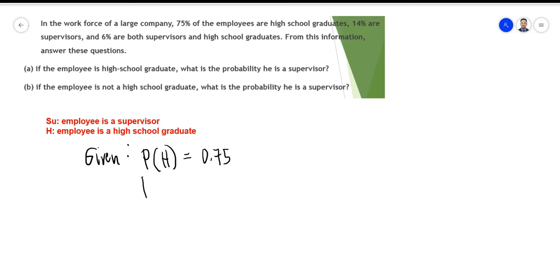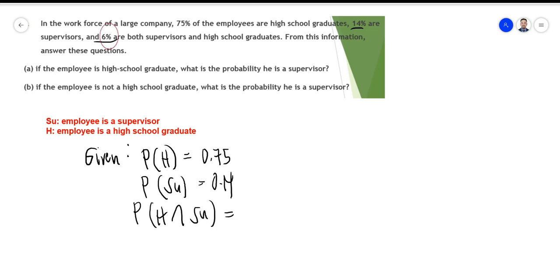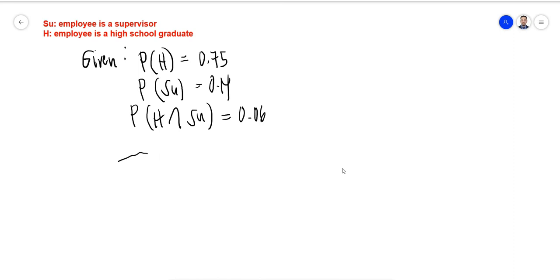The probability of supervisor is 14% or 0.14, and the probability of a high school graduate and a supervisor is 6% or 0.06.